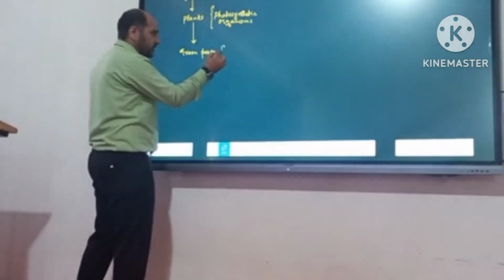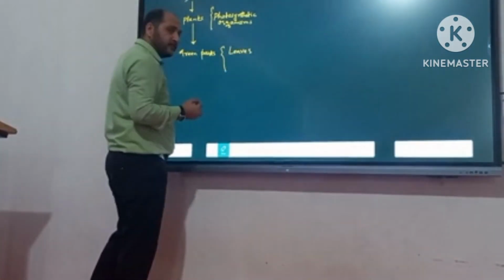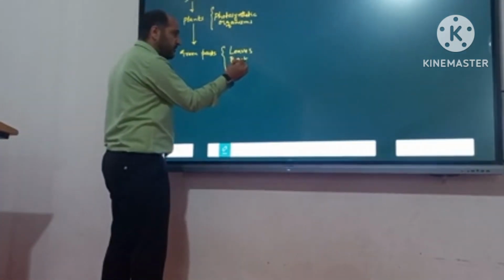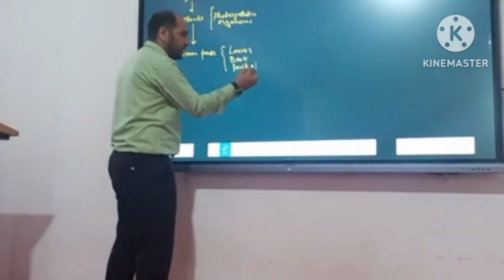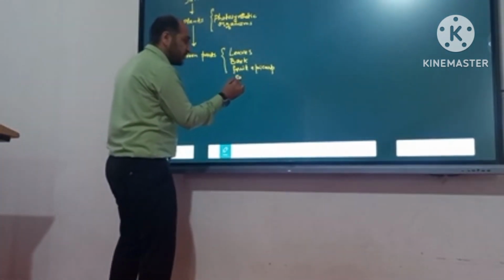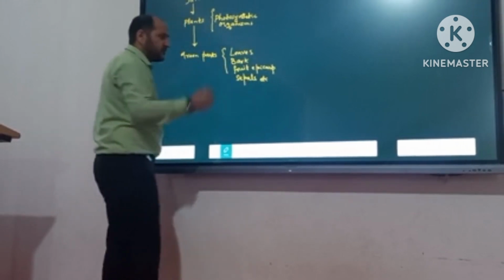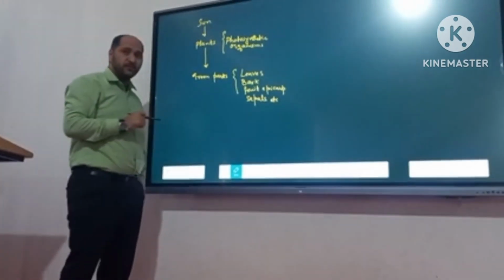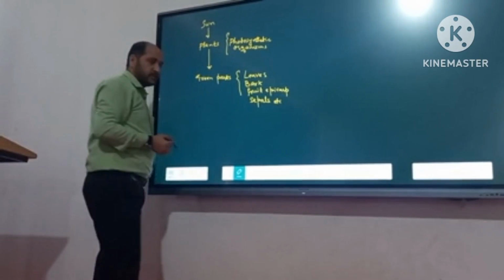For example, the most important parts are leaves, green bark, fruit epicarp, in which also a green color is present, sepals of flower, and so on. These are different parts which can convert this solar energy coming from the sun and use it in the process of photosynthesis.